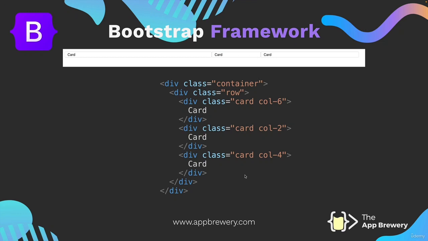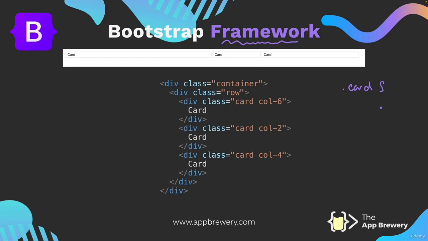Now, the very last method of creating responsiveness that I want to talk about is using the Bootstrap framework. The reason it's called a framework is because it's external. It's not something that's built into CSS like Grid or Flexbox, but something that we have to bring in, so other people's code that we're going to use. Essentially, what they've done is define a whole bunch of classes in their CSS.